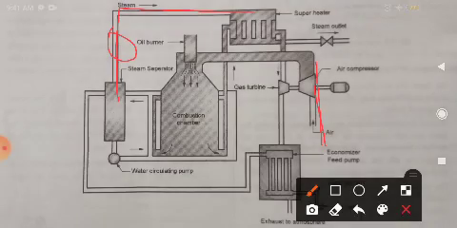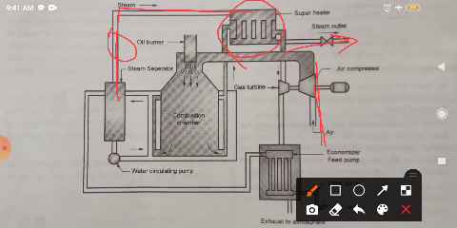Here at this point it gets superheated, and then it is fed to the steam outlet or any generator, and then some of the steam is used to run the turbine, which is compressing the air. For what purpose? It is used for mixing with the fuel, so that we get a proper air fuel mixture, which will be combusted in the combustion chamber.